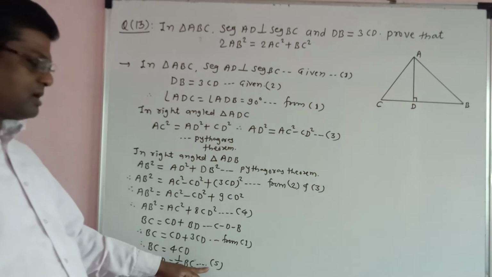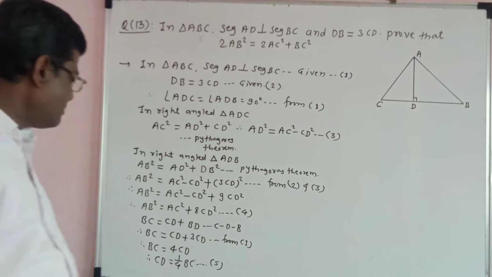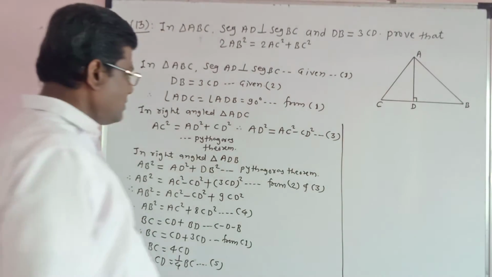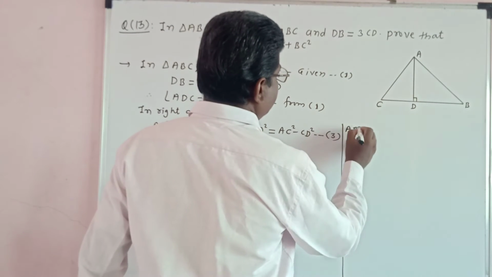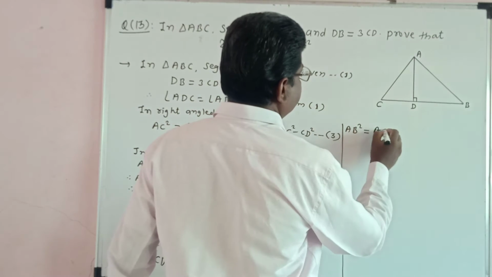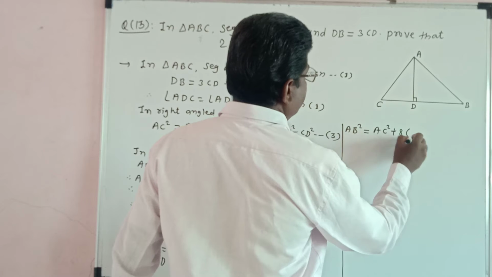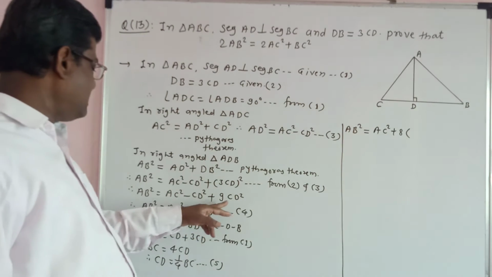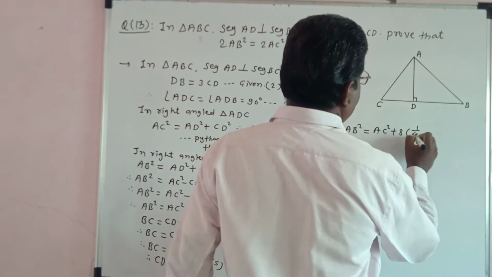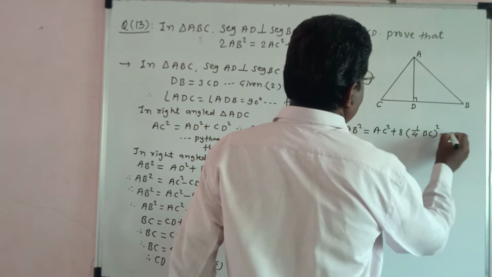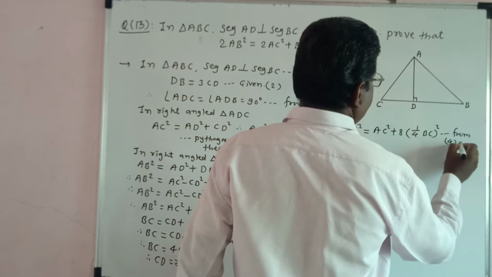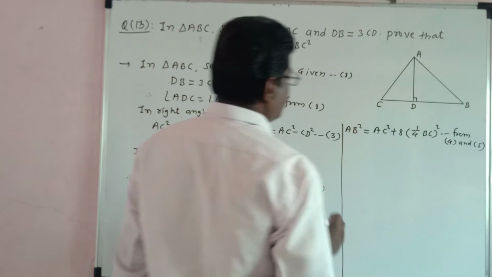Now put equation 5 in equation 4. So we write equation 4 as AB square is equal to AC square plus 8 into, CD is 1/4 BC, bracket square. This reason is from equations 4 and 5.